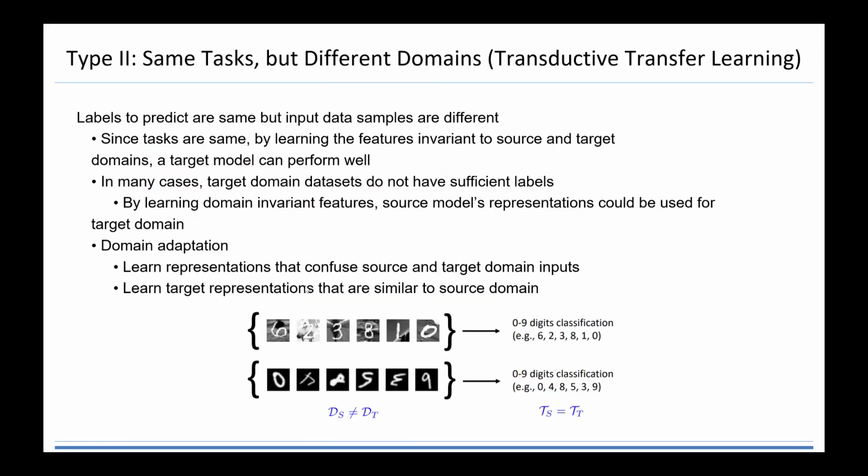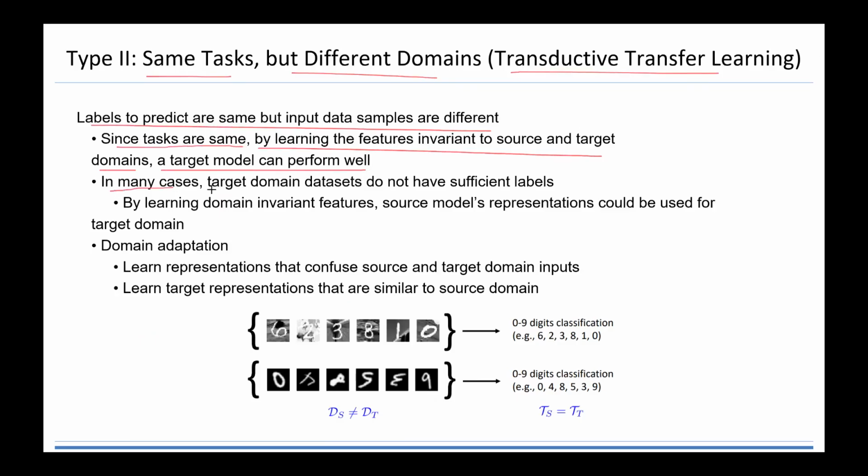In type 2, we have the same task, but the domain is different. We call this transductive transfer learning. The labels to predict are the same, but the input data samples are different. Since the tasks are the same, by learning features invariant to the source and target domains, a target model can perform well.